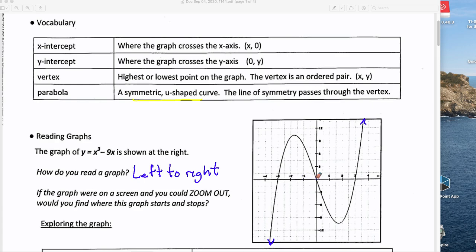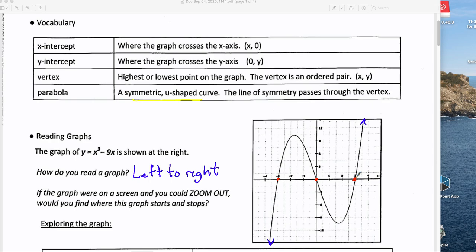All right, the next thing we're going to look for are the x and the y intercepts. The x-intercepts are every place it crosses the x-axis. So I have an x-intercept right here, right there, and right there. In the box, or if you printed, you have a box, but on your notebook paper, I want you to write the ordered pairs for those x-intercepts.